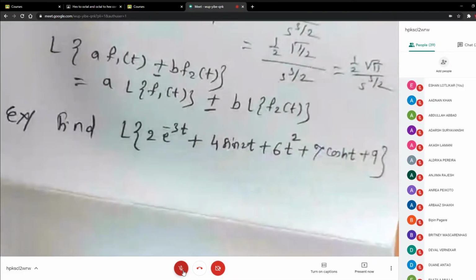If you cannot see, I am dictating, you can take it down again. Find Laplace transform of 2 e raised to minus 3t plus 4 sine 2t plus 6 t square plus 7 cos hyperbolic t plus 9.